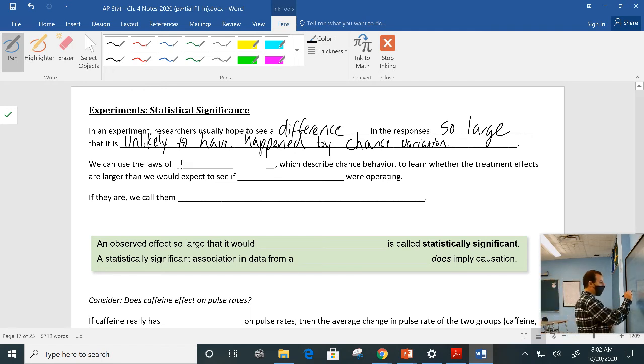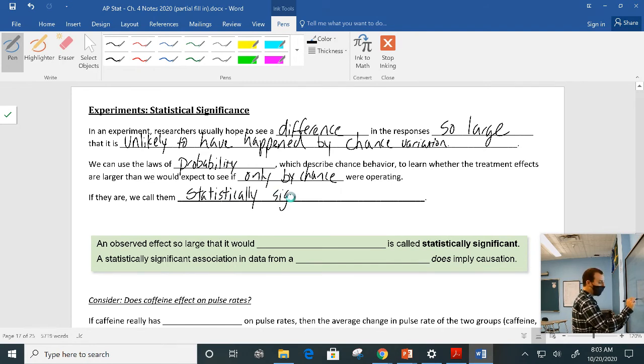So we can use the laws of probability, which describe chance behavior, to learn whether the treatment effects are larger than we would expect to see only by chance. If they are large enough, we call the result statistically significant.